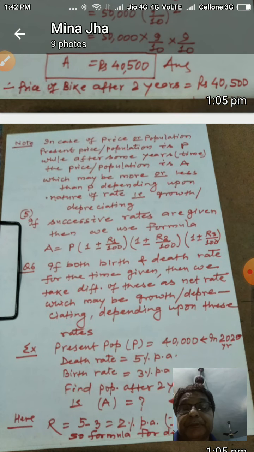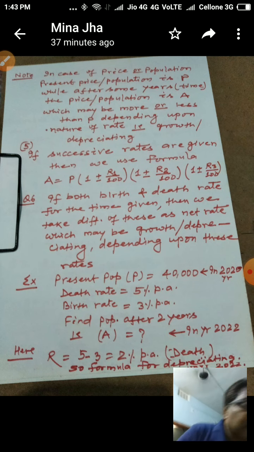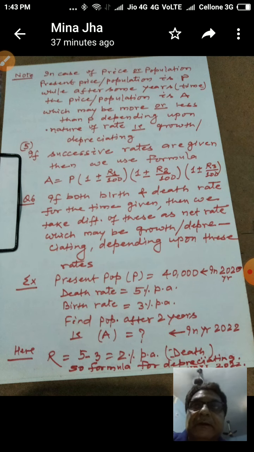Sometimes what happens in a question, suppose you have invested some amount, say 5 lakhs, in doing a business, and your business during first 3 years faced many ups and downs.